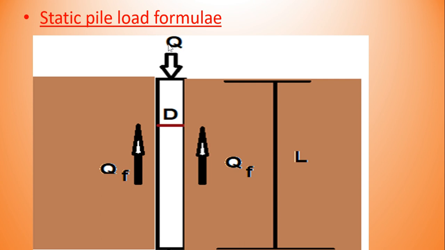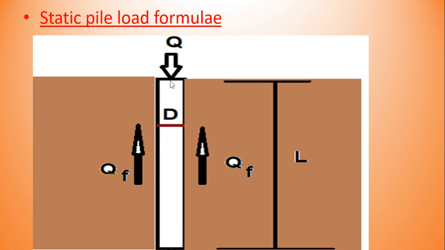When a compressive load Q is applied at the top of a pile, the pile will tend to move vertically downward relative to the surrounding soil. This will cause shear stresses to develop between the soil and the surface of the shaft. As a result, the applied load is distributed as friction load along a certain length of the pile measured from the top.